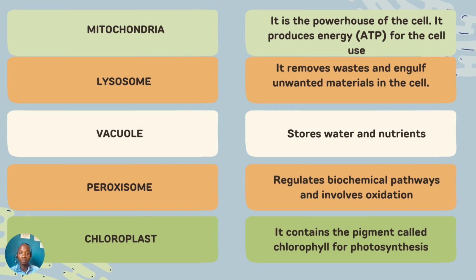What does it do? It removes waste and engulfs unwanted materials from the cell. Now, the vacuole, remember in the plant we saw a large vacuole. What does it do? It stores water and nutrients. Then we have the peroxisome. What does it do? It regulates biochemical pathways and involves oxidation.